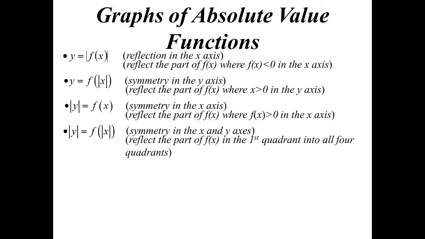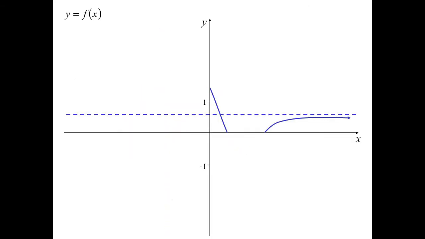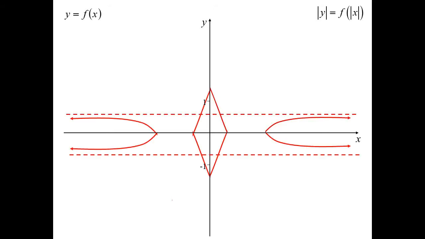But we've also got absolute value of y, so the answer is only going to be positive numbers. So this one, see you later, we're just left with the first quadrant, but it goes into all 4 quadrants. So absolute value of y is equal to function absolute value of x. Another way of thinking about that is you could do y equals function absolute value of x first, and then do absolute value of y of that new function. You'd end up with the same picture.